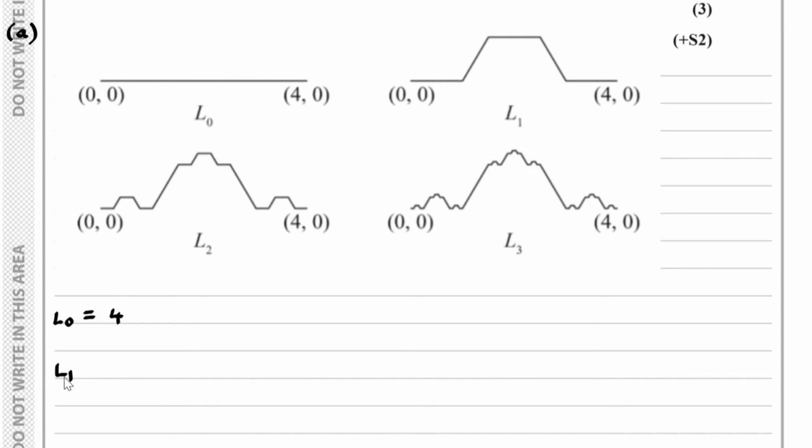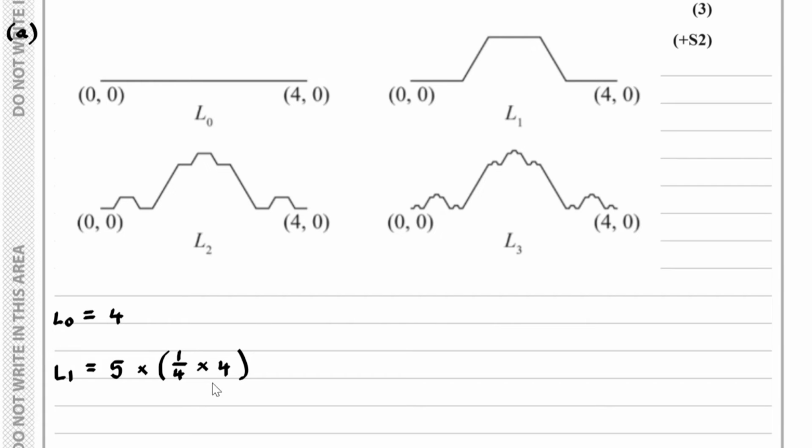The length of L1, we can work that out. Well, what we have are 5 pieces, 1, 2, 3, 4, 5. And each of those pieces would have a length 1/4 of the length L0, which is 4.